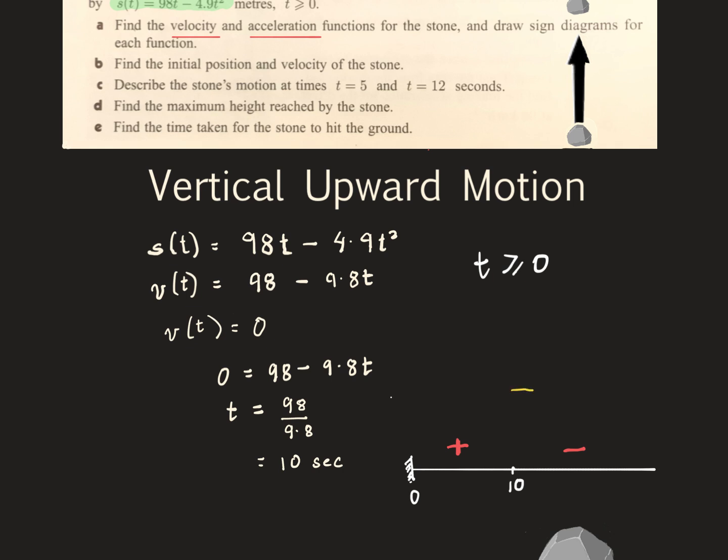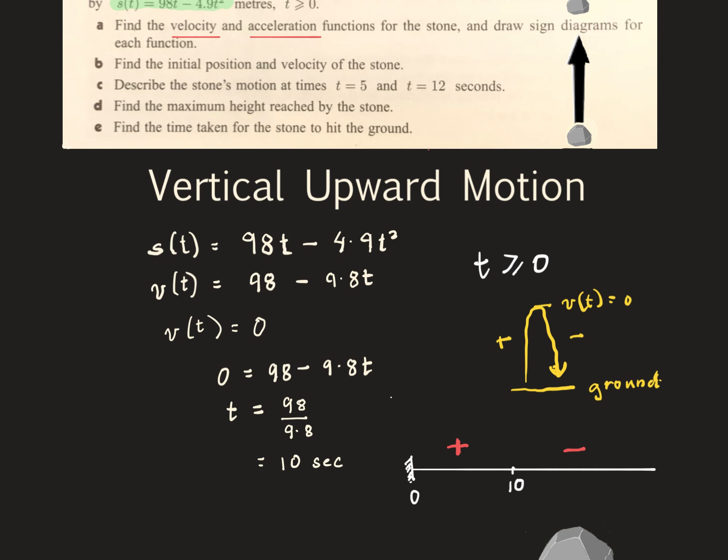This means that if we started at ground as 0 and the stone is thrown upwards, the velocity is positive, and right at the top the velocity will be 0, and it is positive on that side and negative when it comes down.